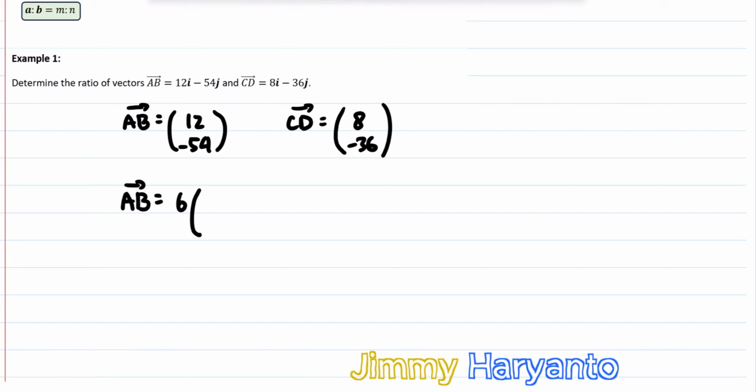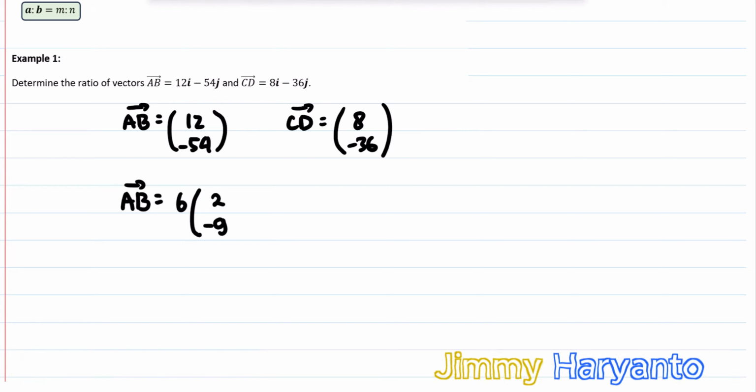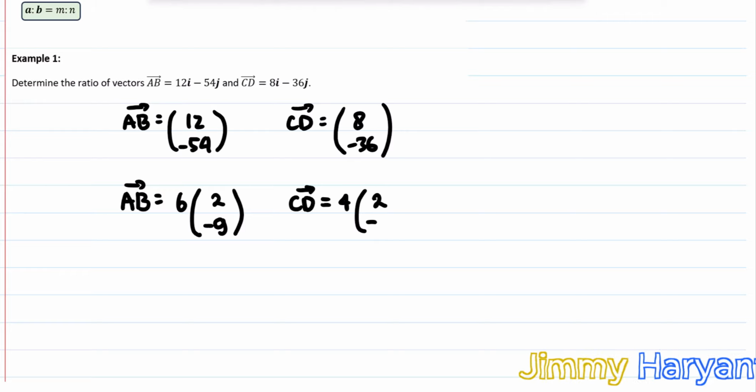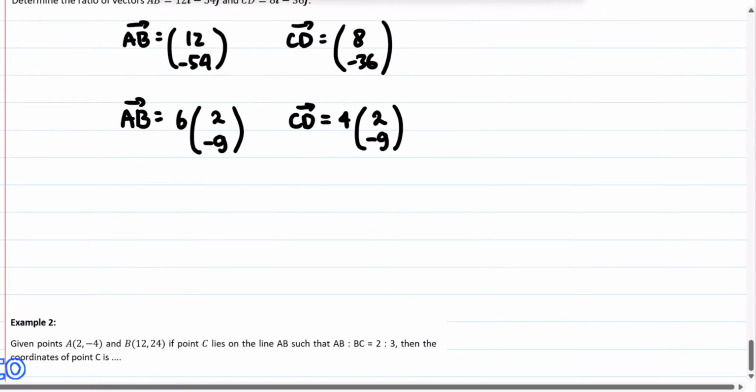So we can factorize the 6 like this, and you'll have 2 and negative 9 as the result. For the vector CD, we have 4 as the common factor, that means 2 and negative 9. See, the component after you factorize is the same, which is 2 and negative 9.